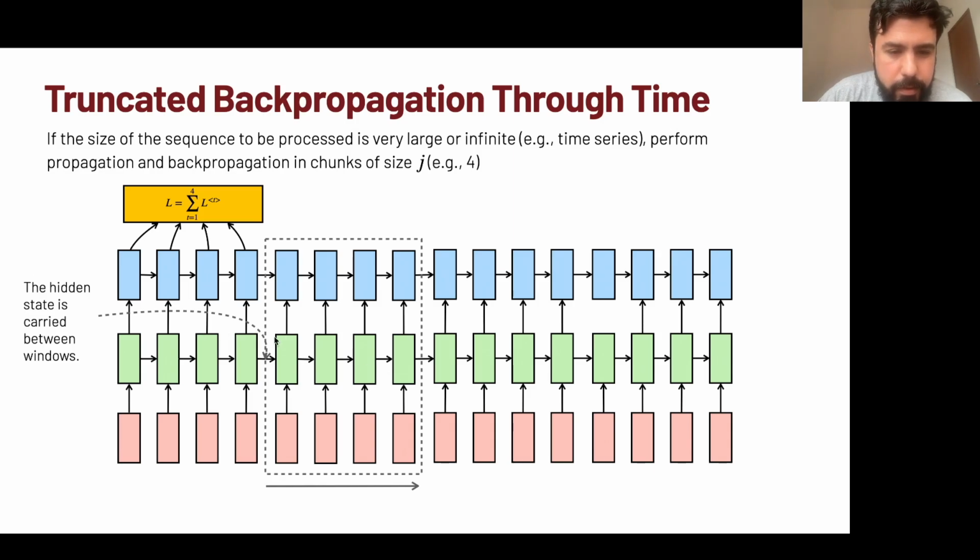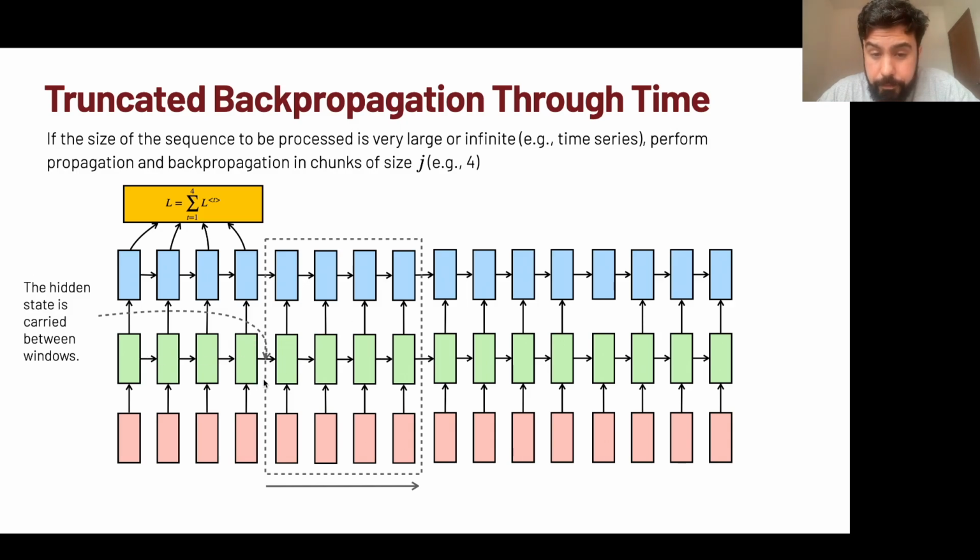Even though we are treating this subsequence as an independent problem with respect to the previous one, we can share the hidden state, because this hidden state actually has information of the previous sentence. So it helps make these predictions more correct, because we're not going to lose the whole context from before.